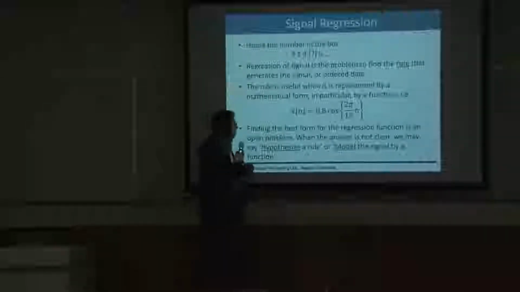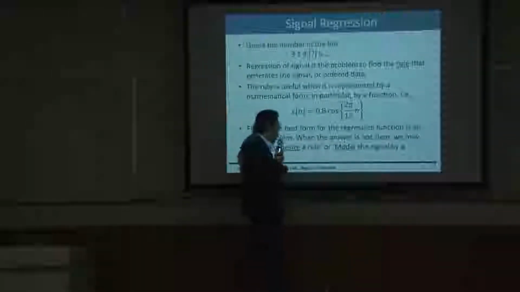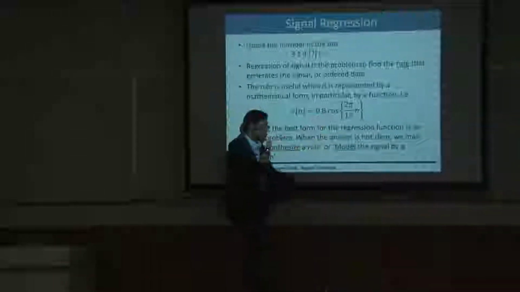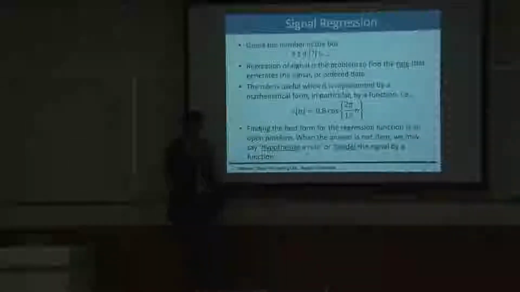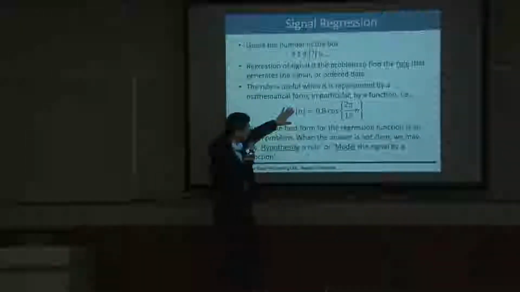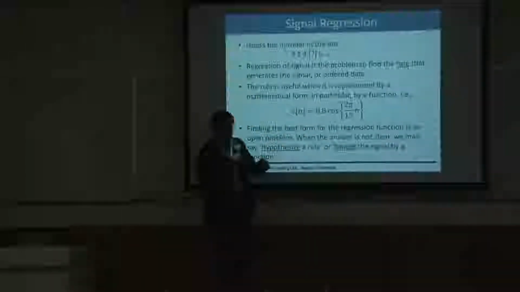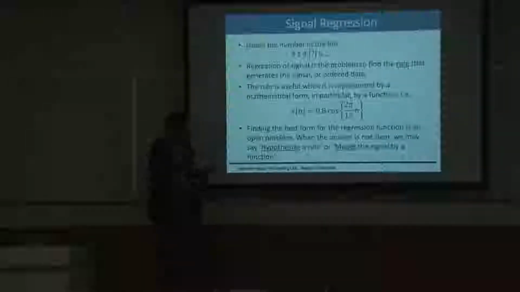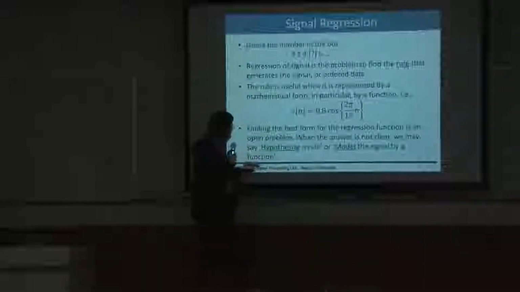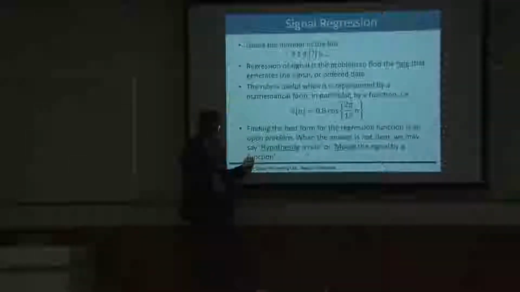And also you can estimate the expectation value by weighting this value with the distribution function. So the mathematical form is quite useful. So finding this kind of form is a very, very important challenge for any data scientist. And finding the best form for the regression function is an open problem.